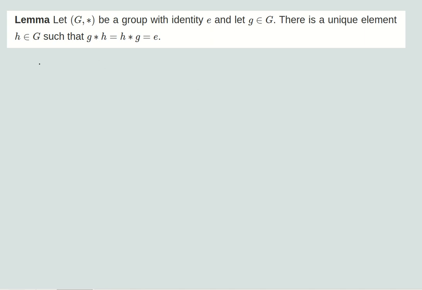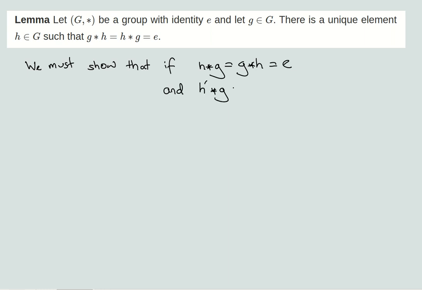So in other words, what we need to show is: if h star g and g star h are equal to e, and if we've got another element satisfying this, so let's call that h prime, with h prime star g and g star h prime both equal to e as well, then what we need to prove is that actually h equals h prime.